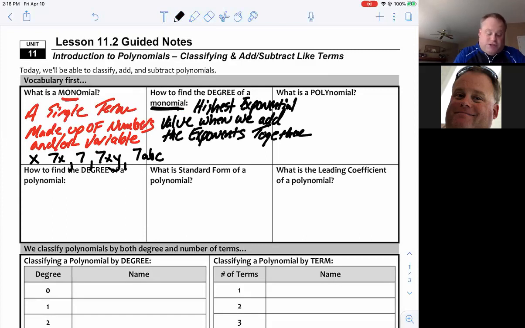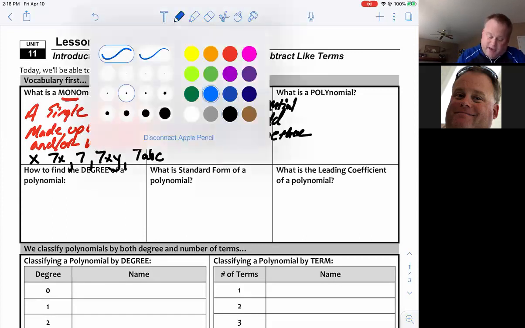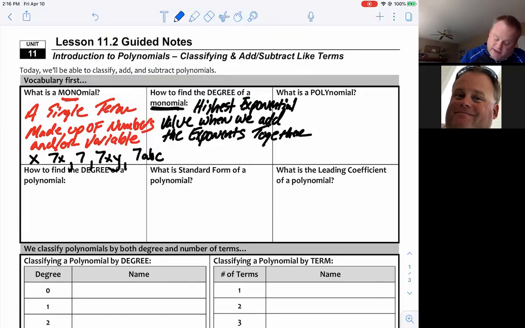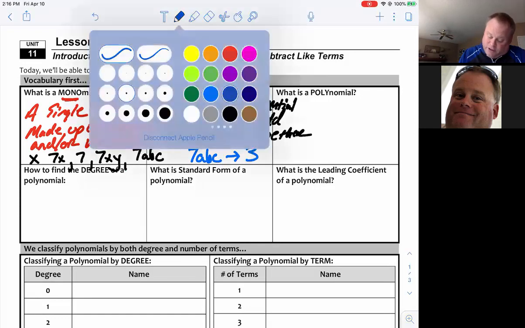All right, so let's show an example of this. If I had 7ABC, well, the powers of A, B, and C here are just 1. They have an exponential value of 1 because there's nothing up above it. So the degree of this monomial is going to be 3. Now, I'll do another one just right below it so you can see.